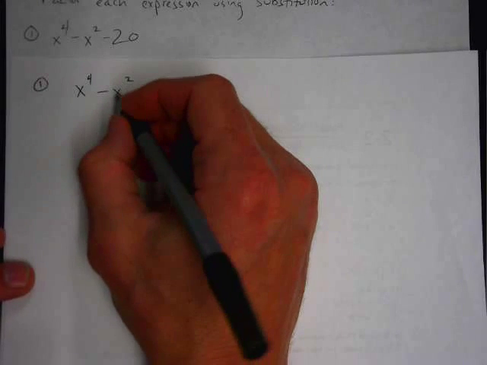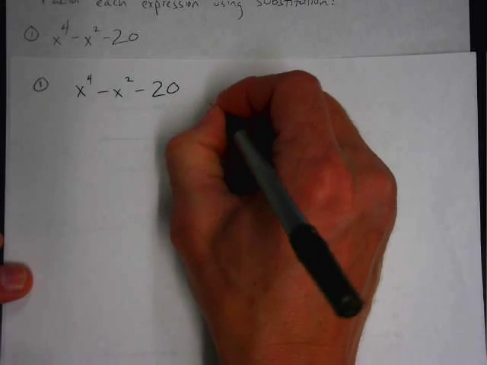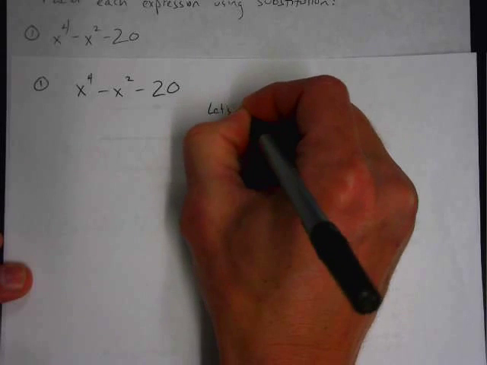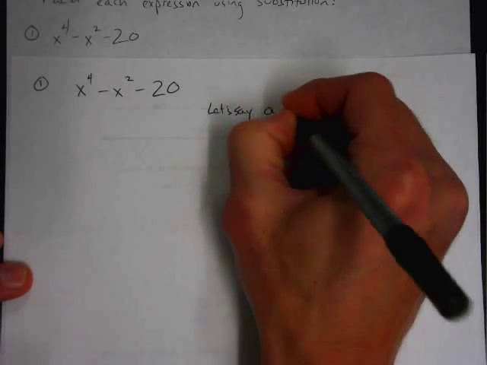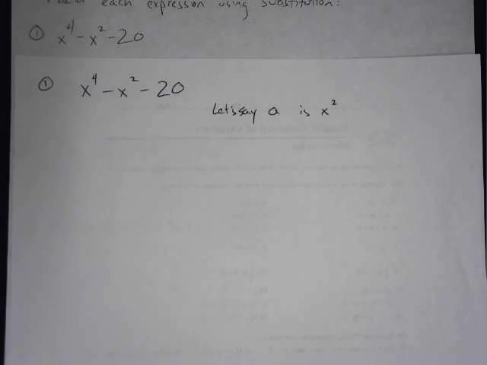But what if we take a look at that middle term, that b? It's an x squared. What if we said, let's just say that a is x squared.